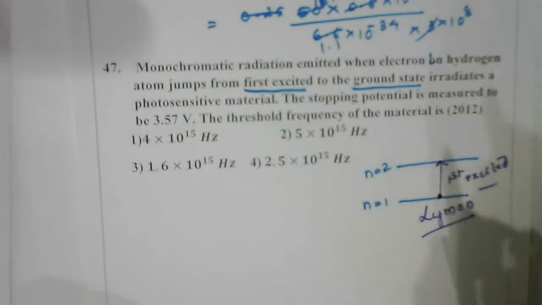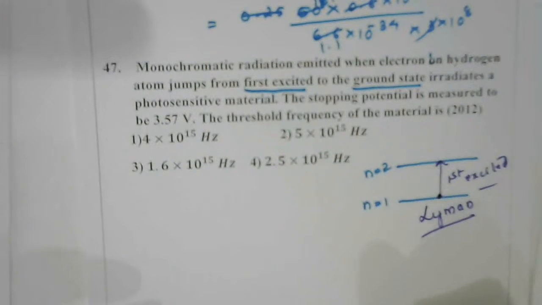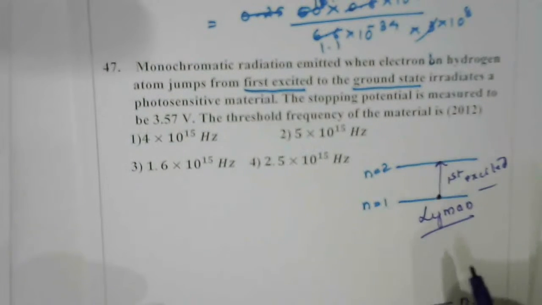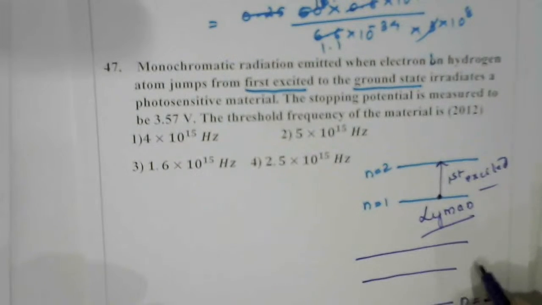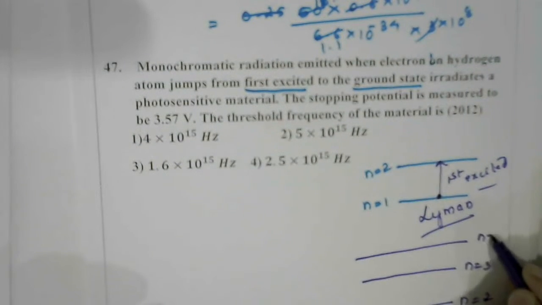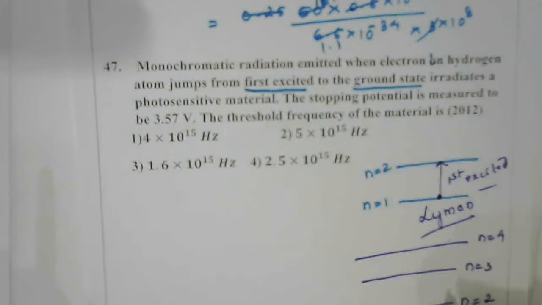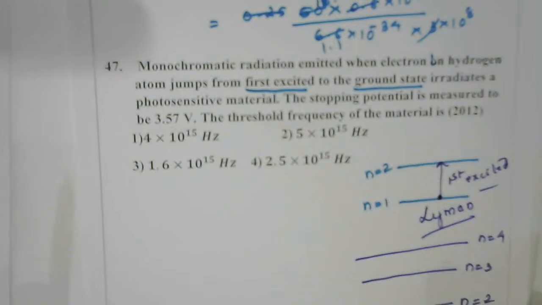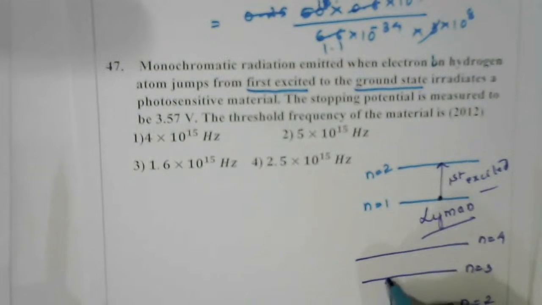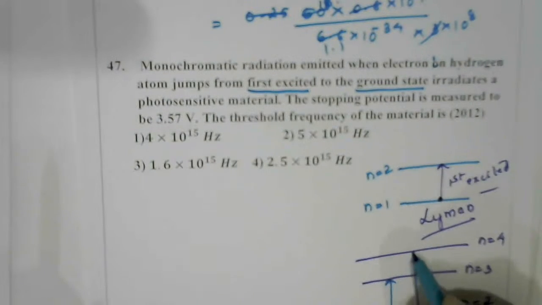But if it belongs to the Balmer series, your Balmer series starts with the second orbit as the lower orbit, and the higher can be anything up to infinity, n equal to 3, n equal to 4. In the Balmer series, if I say first line, first excited state and all, that can be anything. So this is your first excited state, and this becomes your second excited state.